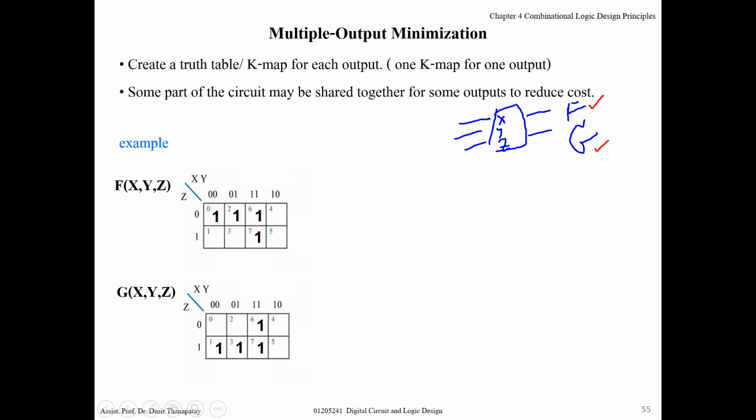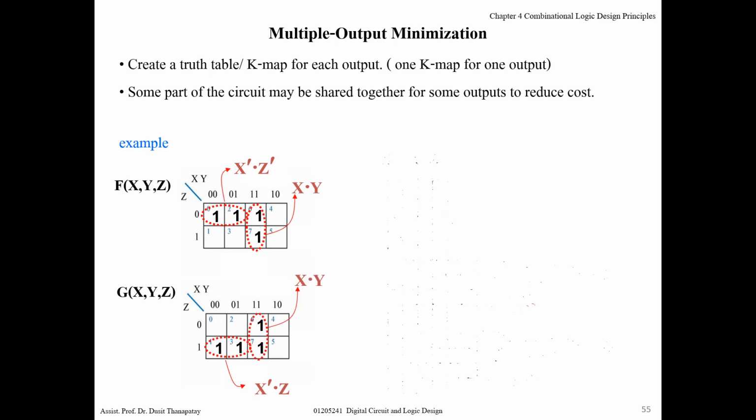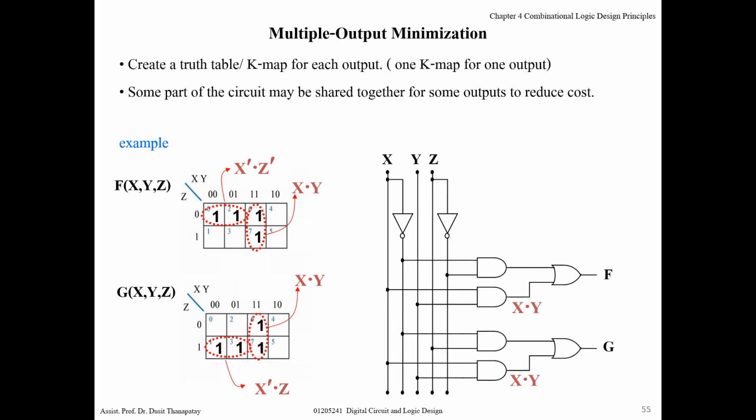And for output G, you just find the equation for G. Separate thinking for each output. So that's all. You get the equation for output F, you get the equation for output G, and then you draw the circuit diagram.